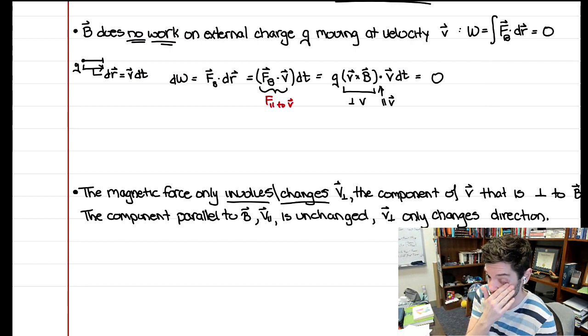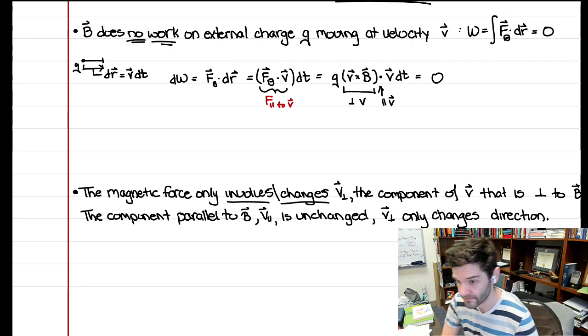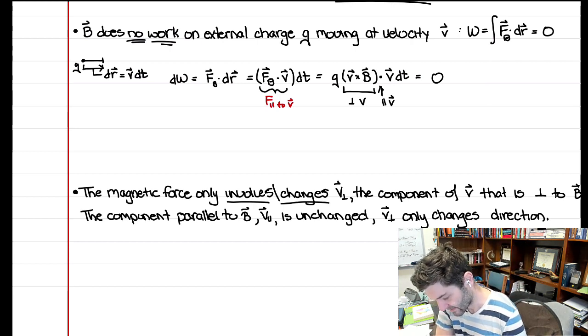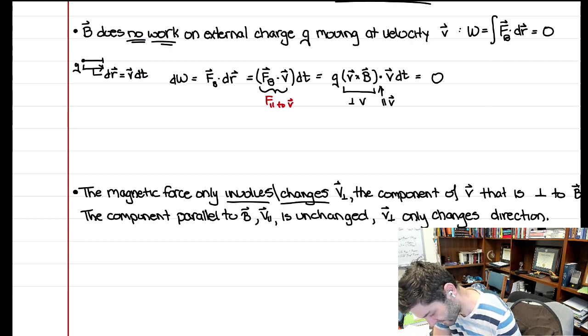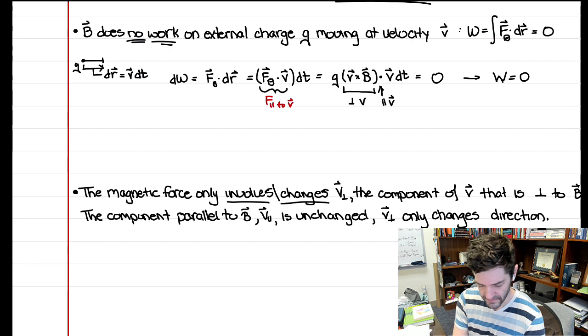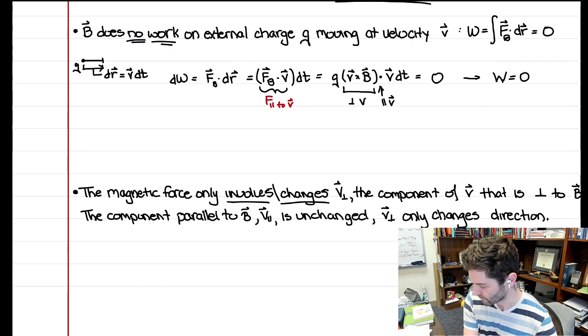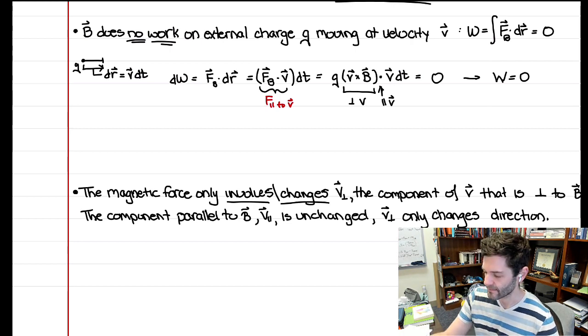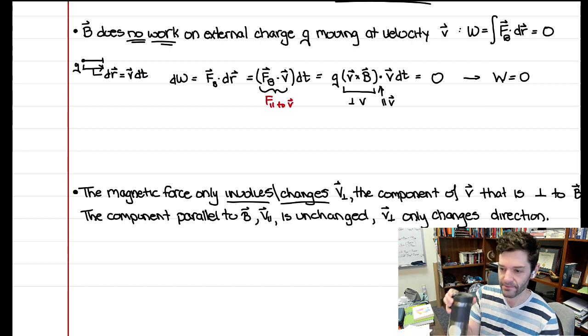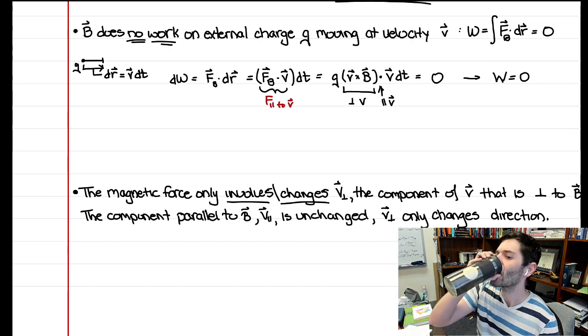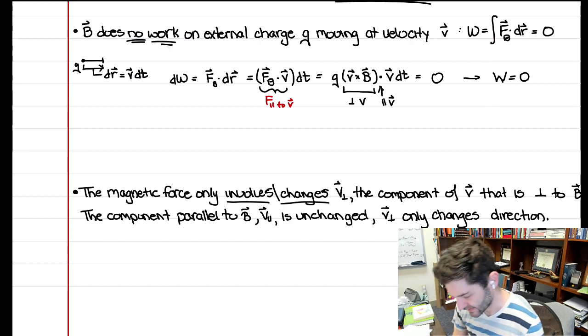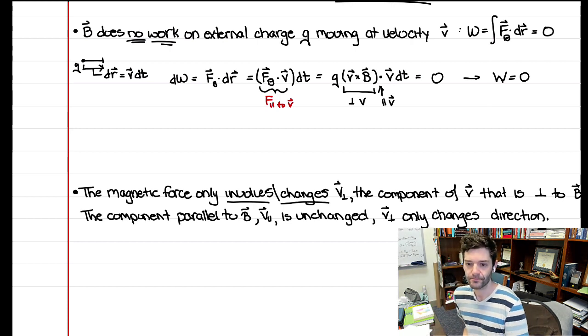This is a very, very general result. So as a result, if I were to integrate that, that says that the total work done is 0, at least in these kind of non-quantum realms. I think you can get the magnetic field to do work when you're dealing with spins, but in our case, the magnetic field does no work.